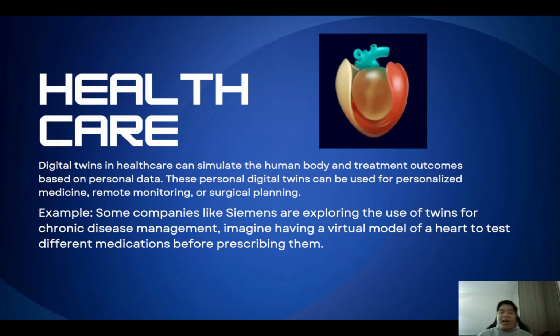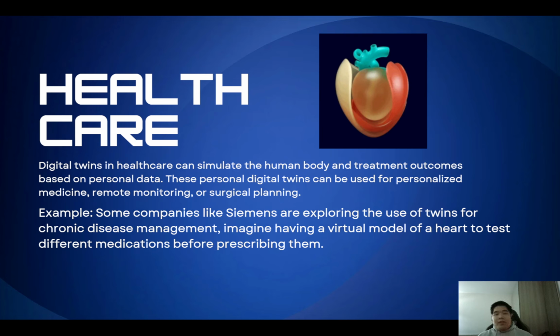Imagine having yourself as a virtual digital twin, and having some symptoms that can't really be detected by the current condition of your body. They need to be dissected, they need surgical planning, something like that, before doing the real thing. But the digital twin can do all that.